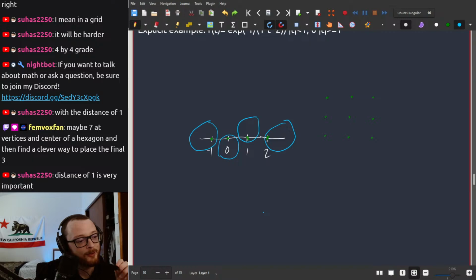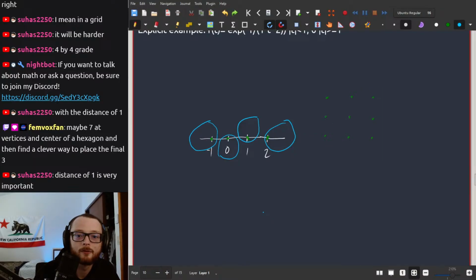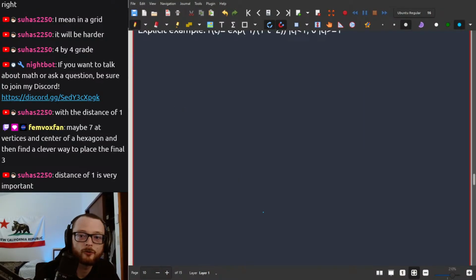Seven at vertices in center of a hexagon. Find a clever way to place the final 3. Ooh. It's an interesting thought. Okay, hexagon.